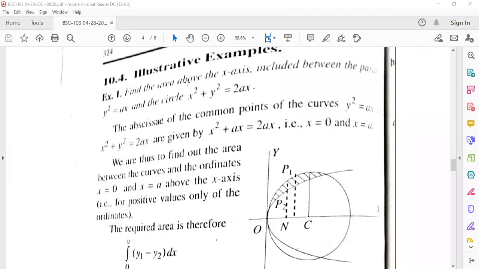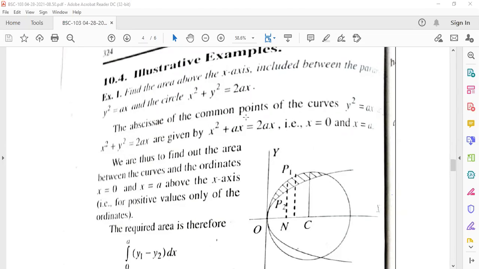Now we are taking: find the area about the x-axis. About the x-axis it is given clearly, included between the parabola y square equal to x and the circle x square plus y square equal to 2x.